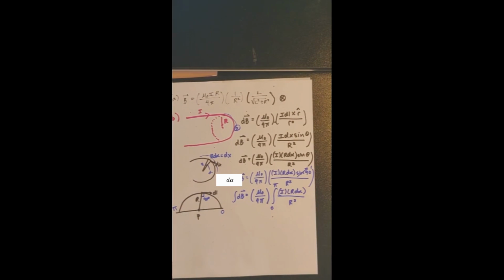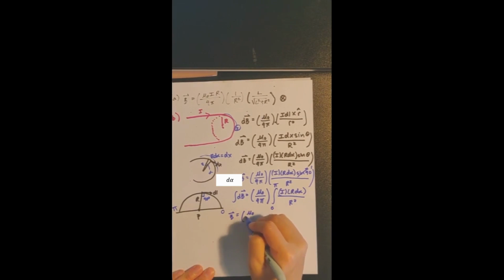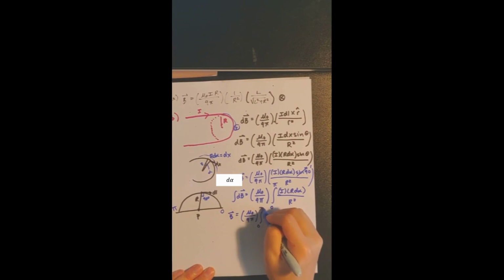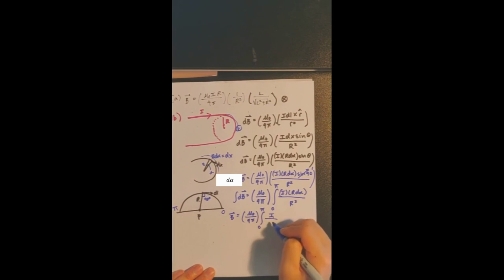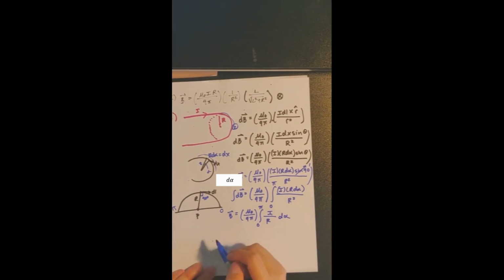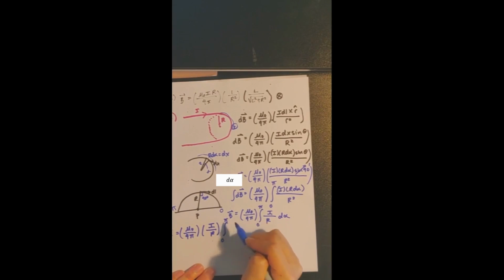So the integral of dB is just going to be B. B is just equal to mu naught over 4 pi, integral from 0 to pi of I over r, because this r cancels with this r, d alpha. And then I and r are just our constants. So that means we're just left with B is equal to mu naught over 4 pi, I over r, integral 0 to pi d alpha.